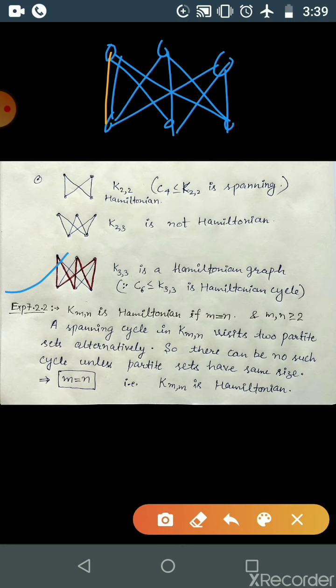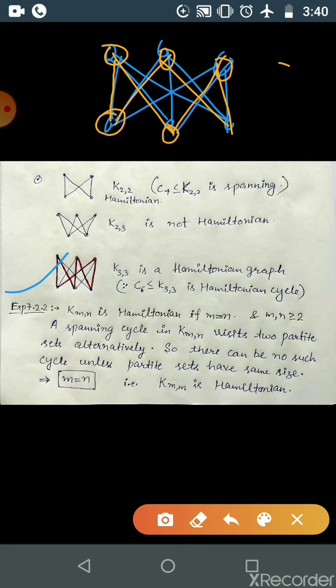And if you notice, this cycle starts from one vertex in one partite set and visits a vertex in the other partite set, and then it alternately visits the partite sets. In the last step, it comes back to the partite set where it started, coming back to the vertex so that it becomes a cycle, correct?